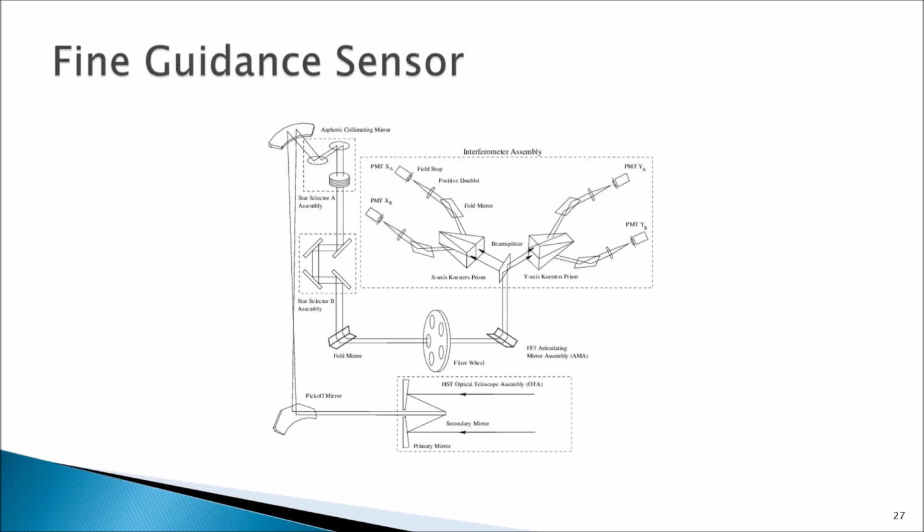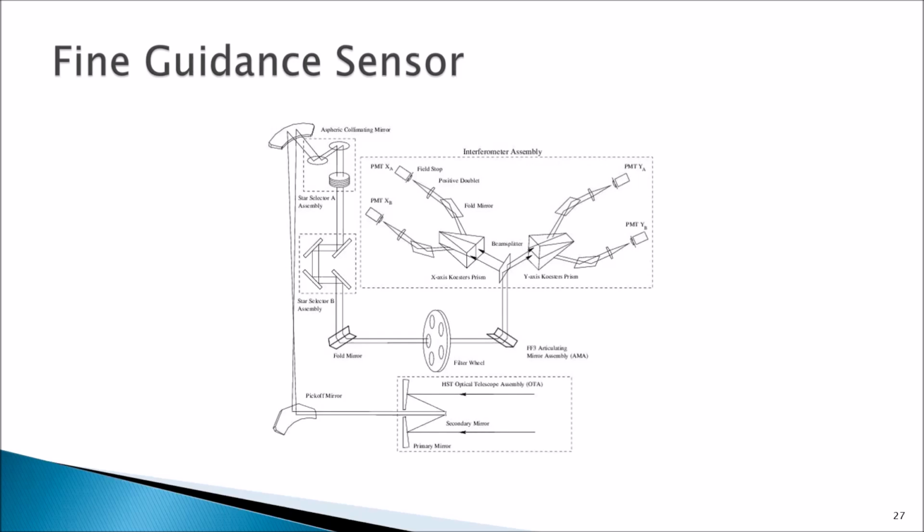So here's a quick snapshot of the fine guidance sensor, which was my joy of work. And this device, this is a cartoon, by the way. It's not anywhere near scale or accurately showing.